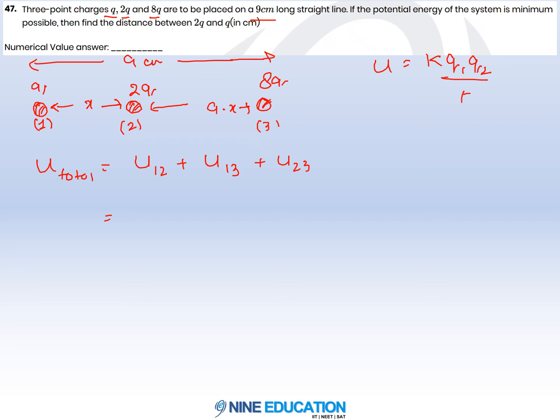So for U1 and U2, we will get k q 2q upon separation x. Between 1 and 3, k q 8q upon separation 9. And between 2 and 3, k 2q 8q, and separation is 9 minus x.